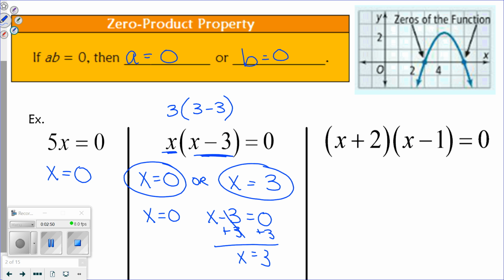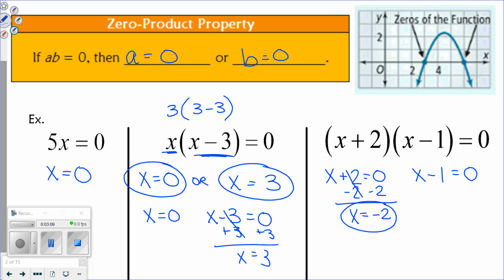So what about on x plus 2 times x minus 1? Well, again, you'll get good at this where you don't have to write these steps down. But the process is you're setting each factor equal to 0 and solving. So I'd subtract 2, so x equals negative 2. Or I'd have to add 1 to solve.